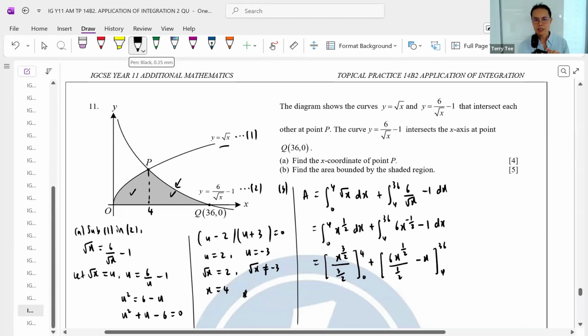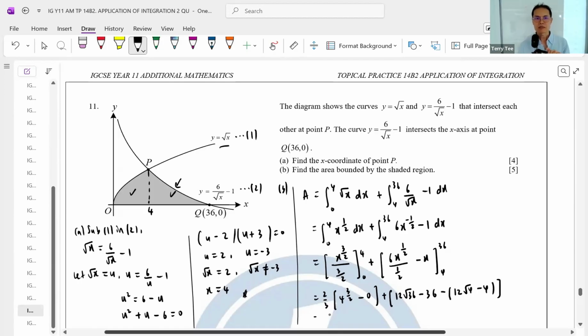So you want to take this and flip upside down. This is 2 over 3. Let us put 4 inside, 4 power 3 over 2, minus 0. 0 power anything is still 0. This one I'm going to flip upside down, becomes 12 square root x, I'm going to put 36 inside, minus 36, another time, 12 square root 4, minus 4.